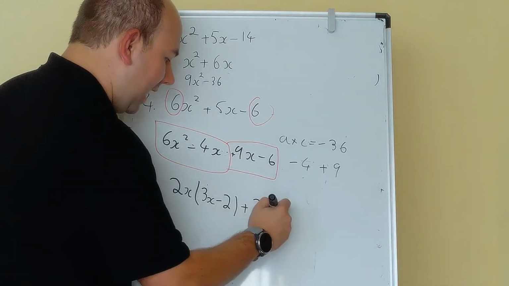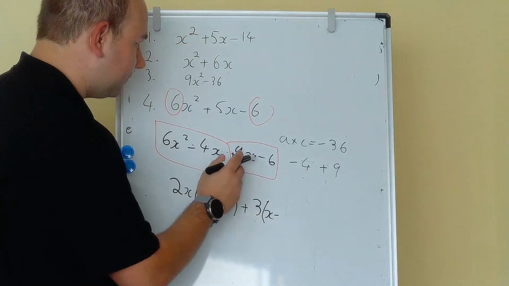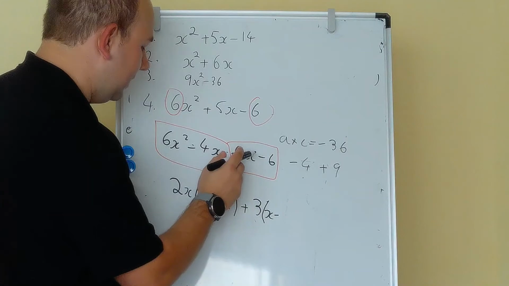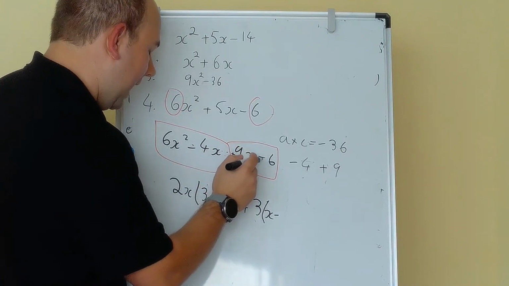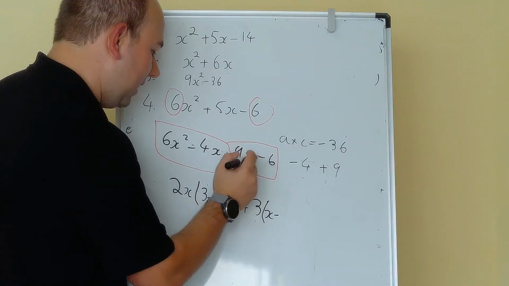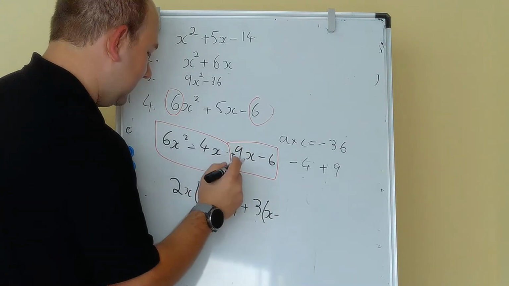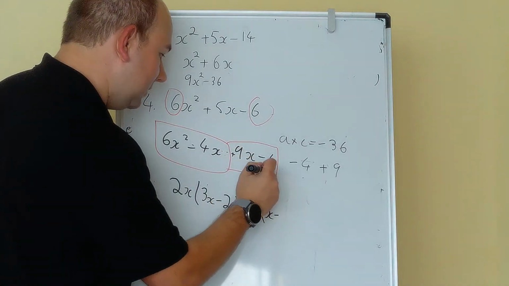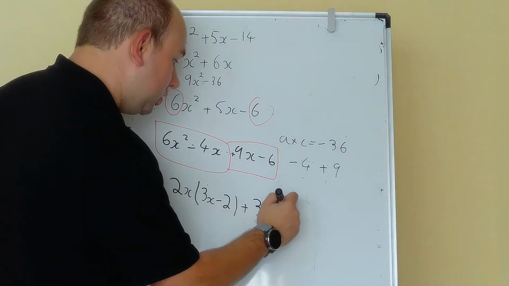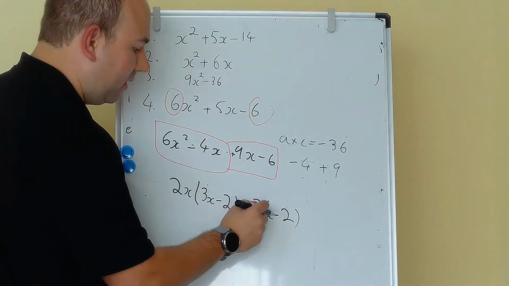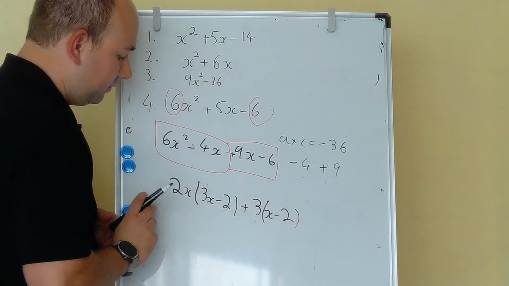And then in brackets we're going to have a minus, in this bracket we're going to have an x and a 2 times 3 is 2, so we have in brackets minus x minus 2.